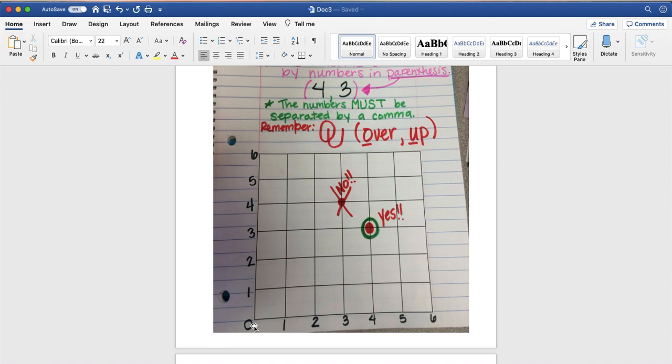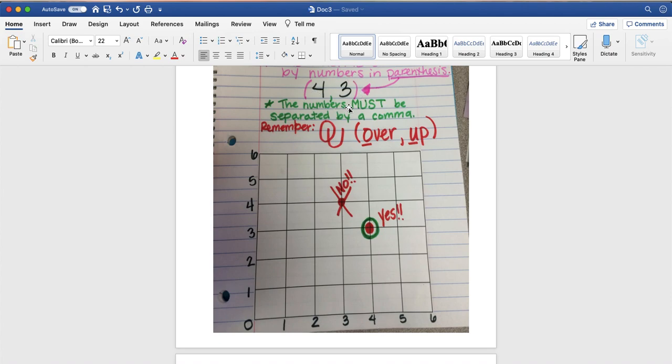I wouldn't say, okay, I need to start off at my origin here, 1, 2, 3, 4, point. No. We do not do that. We don't put our point yet because we need to jump next. And after we jump, that's when we put our point. So after I jump my 3 times that this tells me to do, that's when I put my point, and then I have my directions.